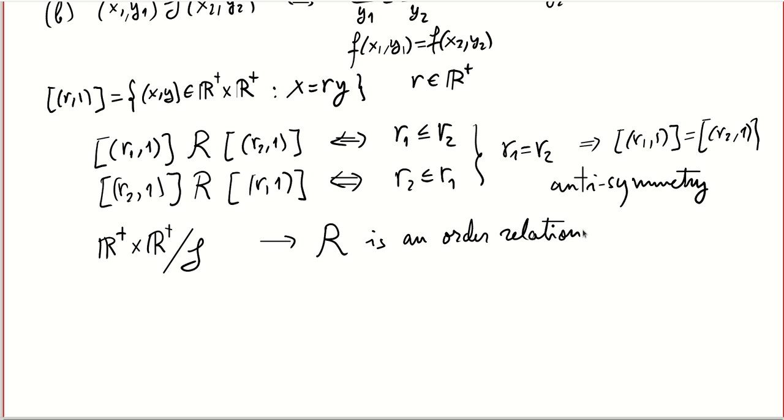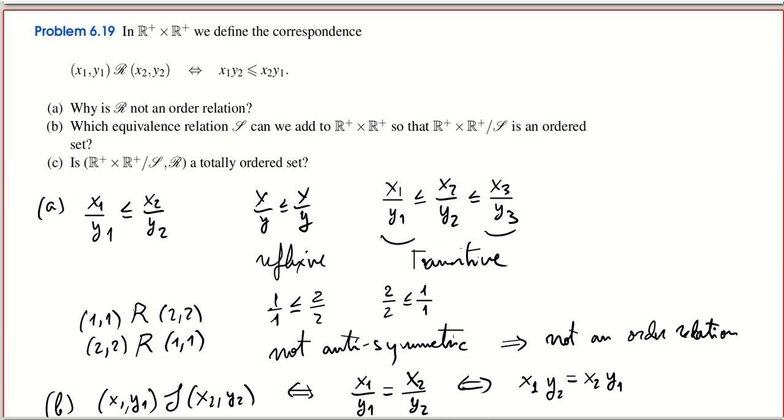So with the equivalence relation, you remove the problem that you had before, that you have different pairs related symmetrically. Okay, now the last part is we need to prove, now that we have this, that this quotient set with the order relation that we have defined, the extension of this, is a totally ordered set.